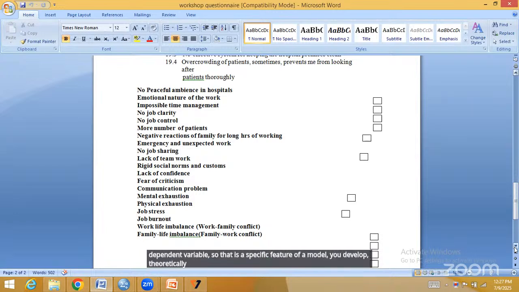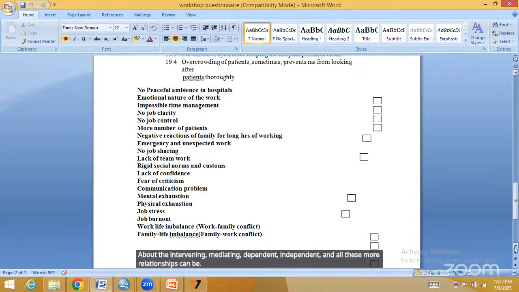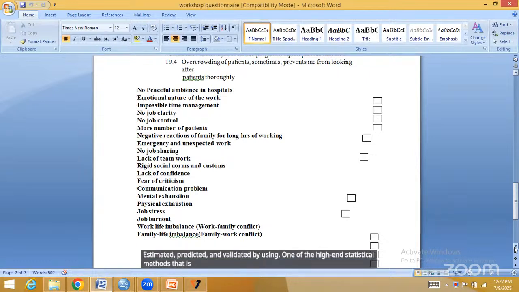The entire model and the entire relationship, both intervening, mediating, dependent, independent, can be estimated, predicted, and validated by using one of the high-end statistical methods, that is structural equation modeling.